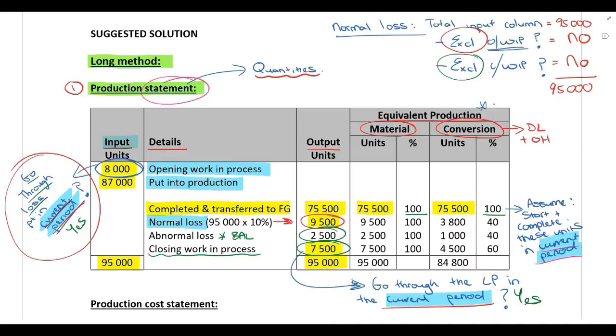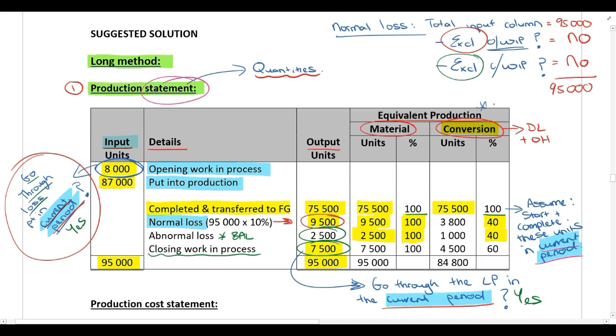And that is where this information is coming through over here. For material, it is 100%, because material is added at the beginning of the process. So 100% of the material goes through the loss point for normal and for abnormal losses. However, for my conversion costs, at that point in time I have only incurred 40%.